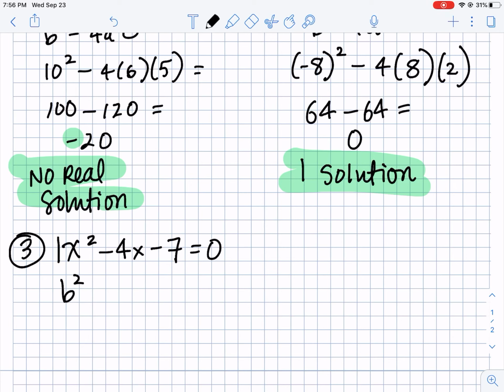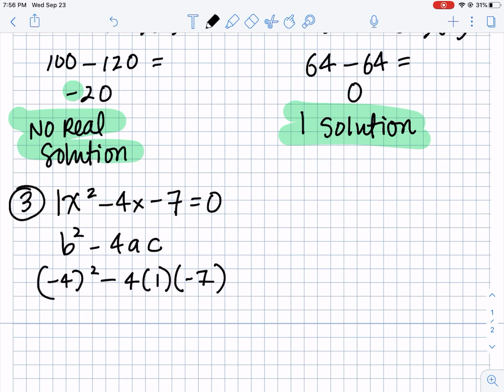So b squared minus 4ac would be negative 4 squared minus 4 times 1 times negative 7. All right, so let's make sure we do our negatives correctly. What we get here is 16 plus 28, and we don't actually even have to finish that math. A negative times a negative is a positive. That's how I got positive 28. Because I know this is positive, I know that there will be 2 solutions.